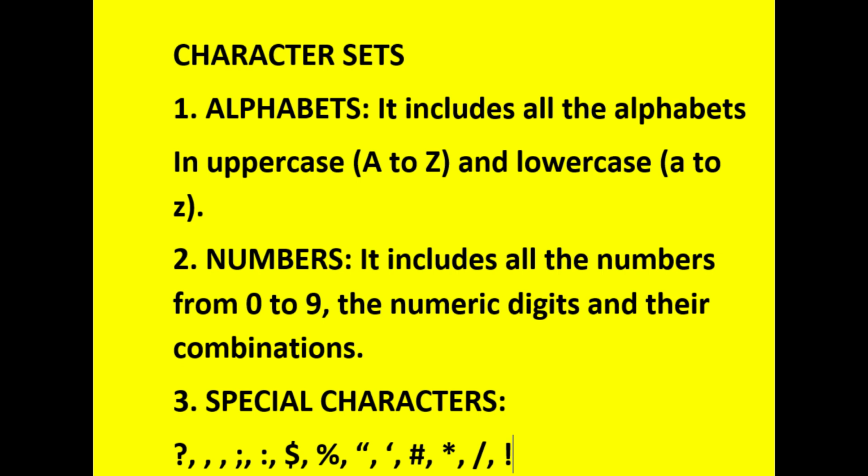Special characters include question mark, comma, semicolon, colon, dollar symbol, percentage symbol, double quote, single quote, hash, asterisk, slash, quotation mark; all these things come under the special characters. So we can write the QBasic language in either uppercase or lowercase.